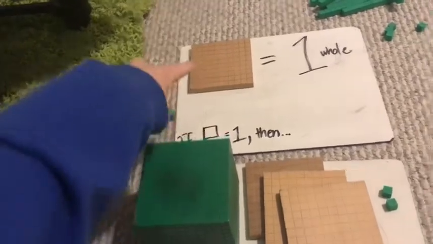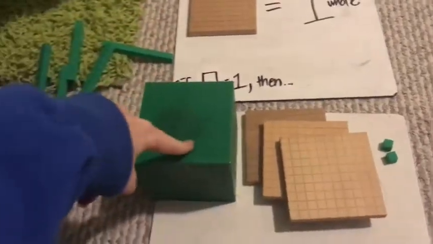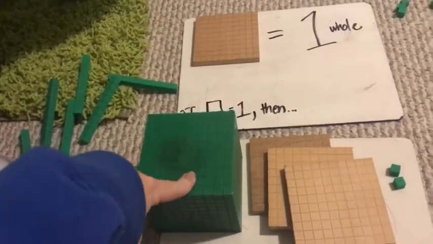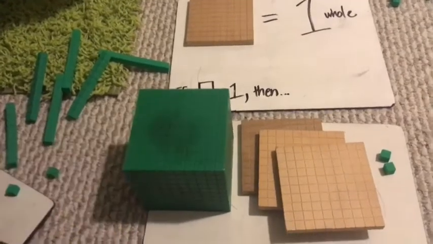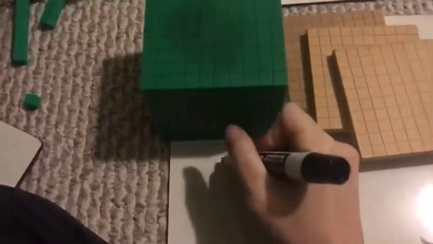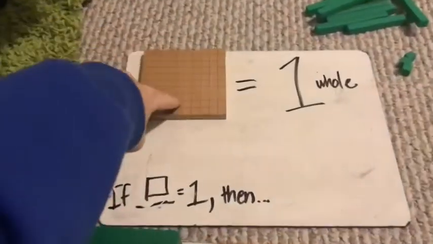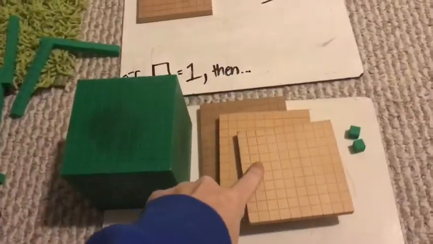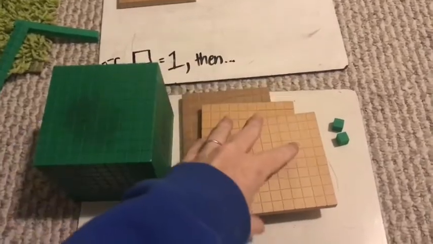How many of this size piece make this? Well, there's 10 one wholes in this, right? So this is 10. And if this is 1, then this would be 1 plus 1 plus 1, which is 3, right?